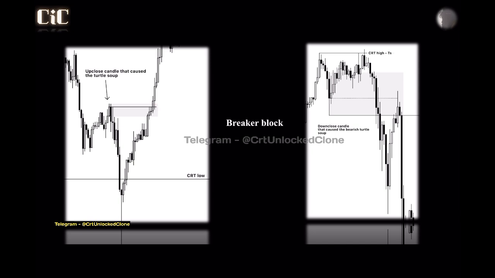And vice versa with the bearish breaker. It's the down close candle that caused the bearish turtle soup. This one specific candle, preferably a thick, clear, visible candle before the rally. Again, we take the whole candle, and the sensitive point is always going to be the closing price of the breaker.